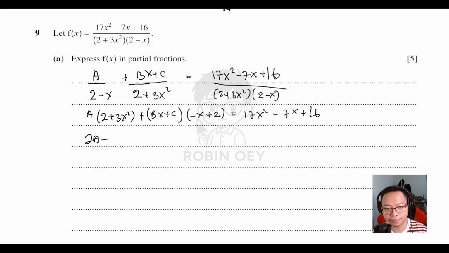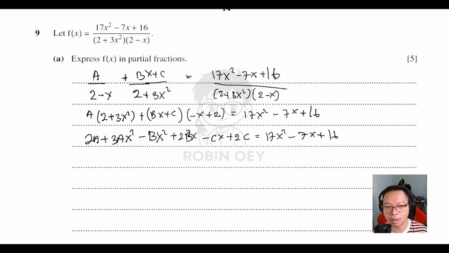So we have 2A plus 3Ax squared, negative Bx squared, and then plus 2Bx, and minus Cx, and then plus 2C, that is equal to 17x squared minus 7x plus 16.